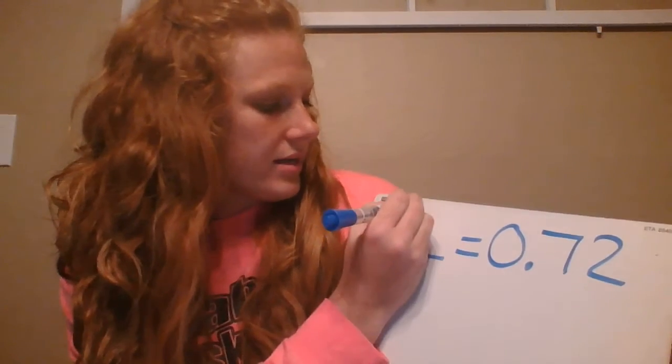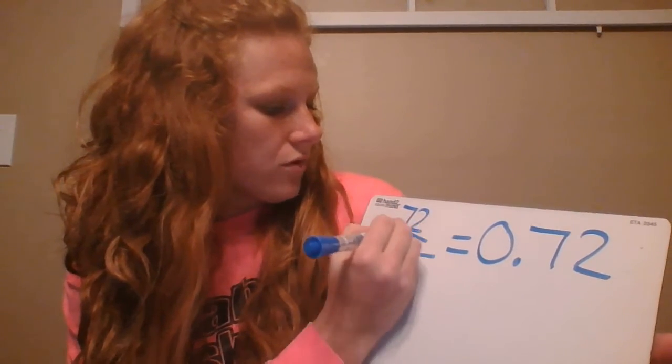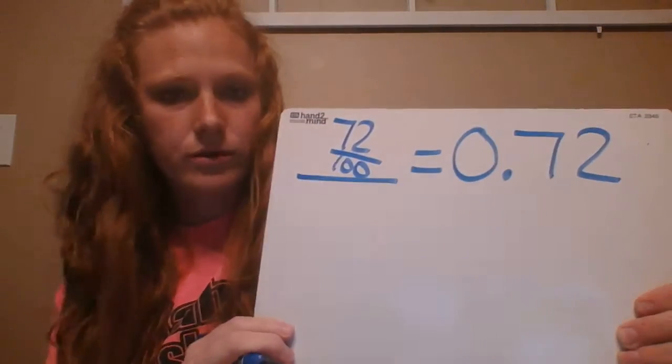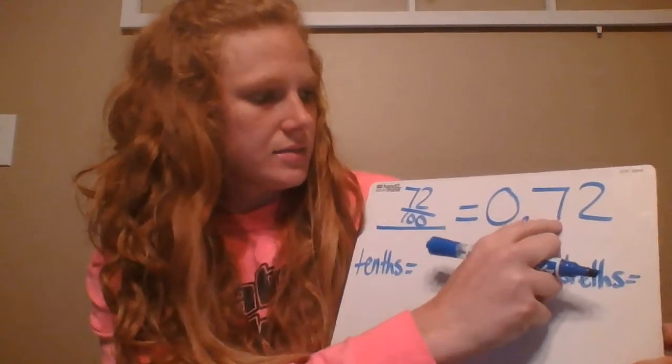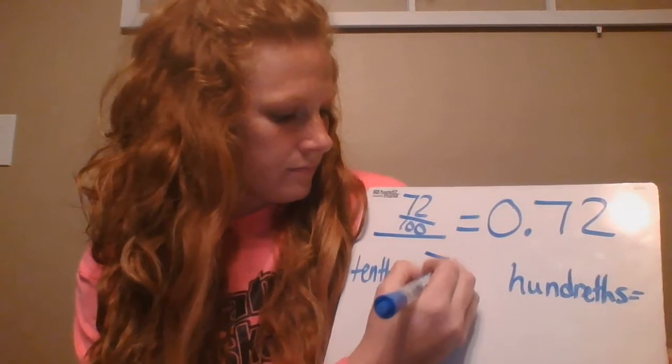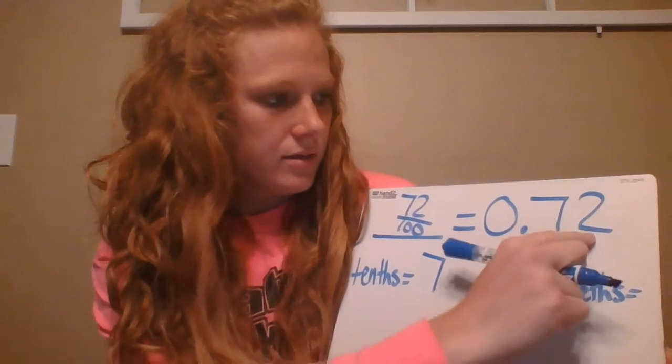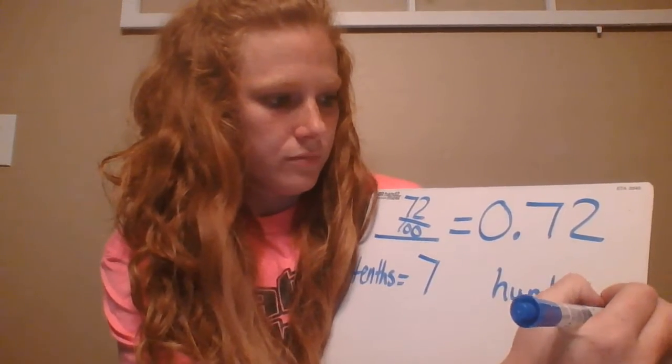So I would write it as a fraction as 72 over 100. Then I'm going to write how many tenths there are and how many hundredths there are. Tenths, I look at the tenths place, there are 7. And I look at the hundredths, there are 2.